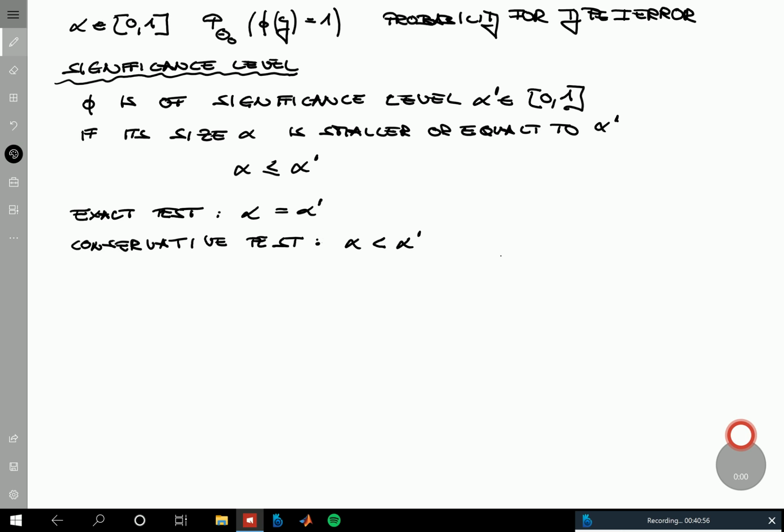That's just a test with a low significance value. A conservative test is a test where you choose a specific significance level, for example 0.05. But if you choose that in your construction of the test, the actual error rate that you then get is lower. So for example 0.028 or something like that. So that would be a conservative test.